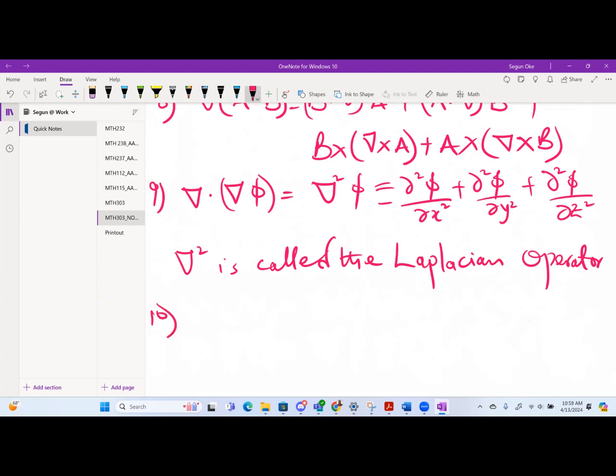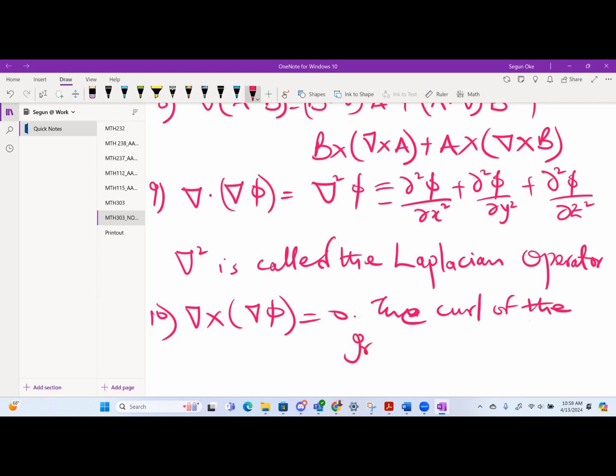So number 10 says del cross del phi equals 0. Meaning the curl of the gradient of phi is 0. Please take note.